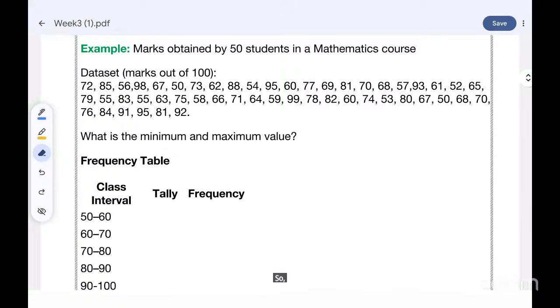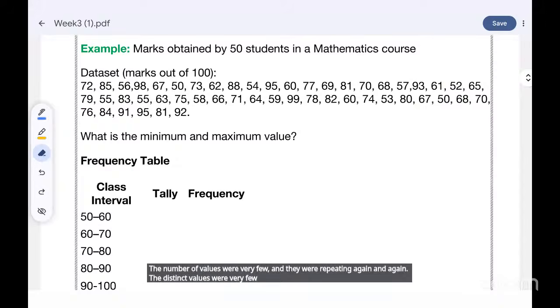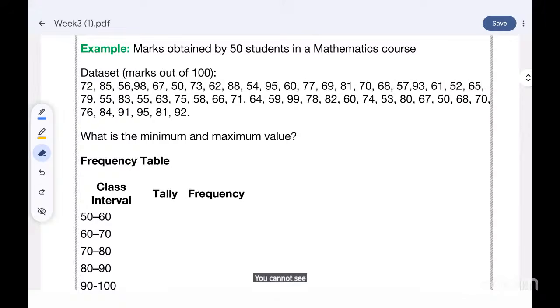This is not a discrete case, because in the discrete case the distinct values were very few and they were repeating again and again. But here there are a lot of numbers and they are not repeating. So it is varying between a certain range.